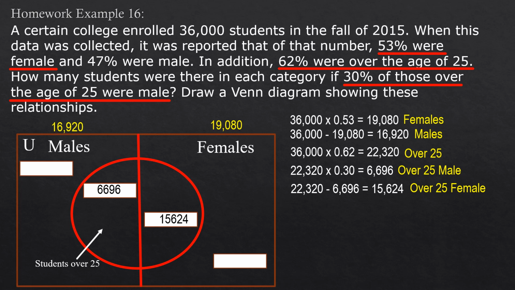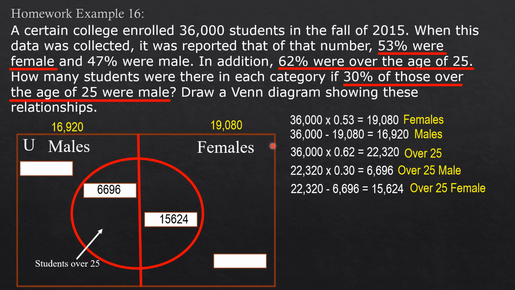Now, can you think of a way that we could find this answer down here? So if in this circle is the students over 25 females, this would be students 25 and under. If I only knew how many females total we had.